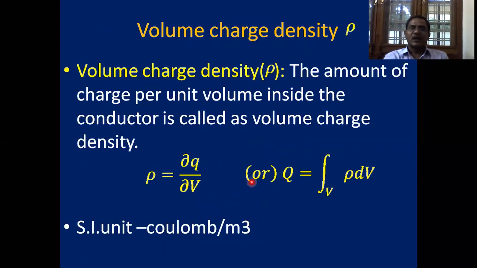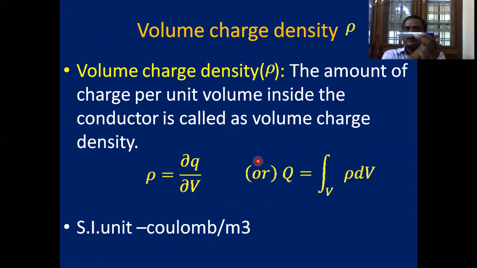Now, the next term is volume charge density. In electrostatics, we defined three types of charge densities: linear charge density, surface charge density, volume charge density. Here we are considering the metallic conductor, right?